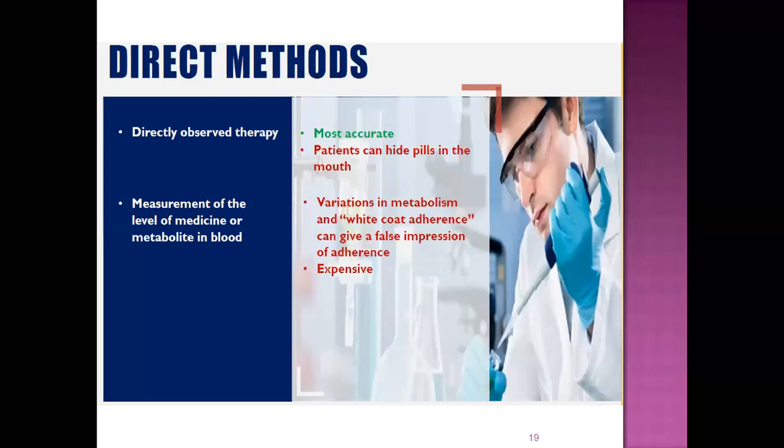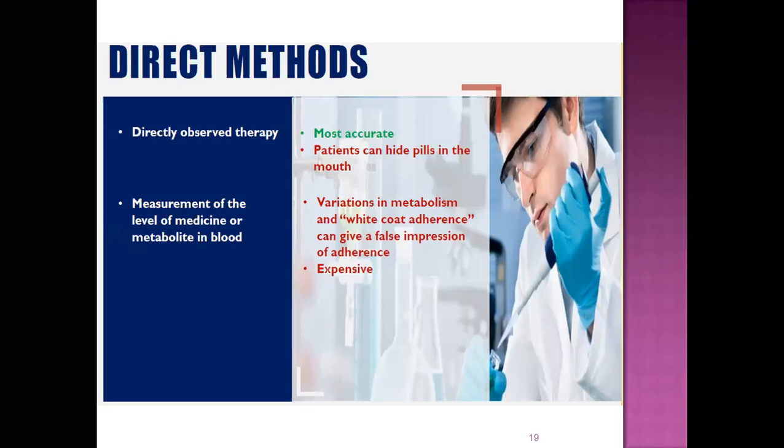This method is the most accurate one, but sometimes patients can hide the pills, whatever tablets are given by the physician, in their mouth. So this is the drawback of directly observed therapy. It is still the most accurate apart from the other methods for measuring medication adherence.